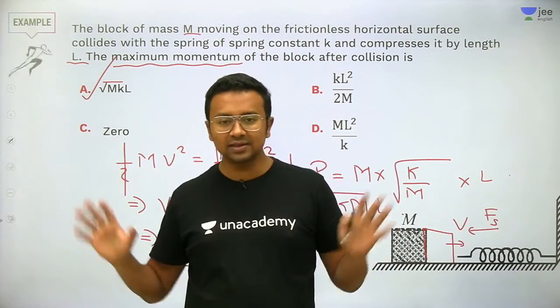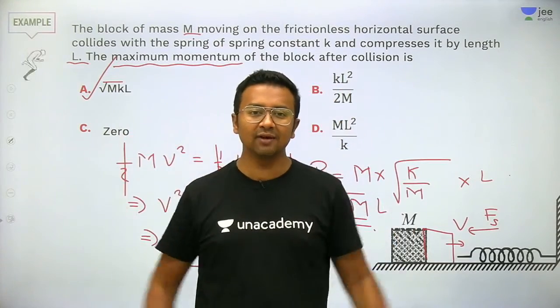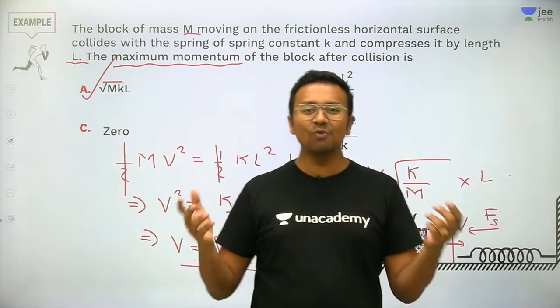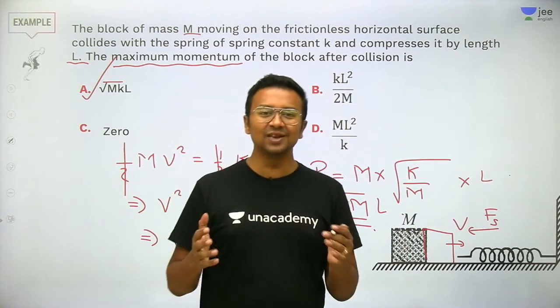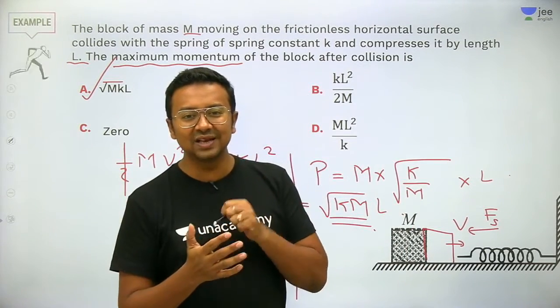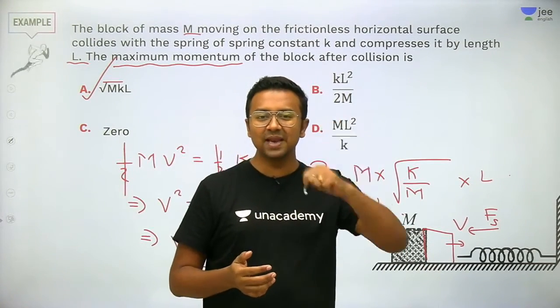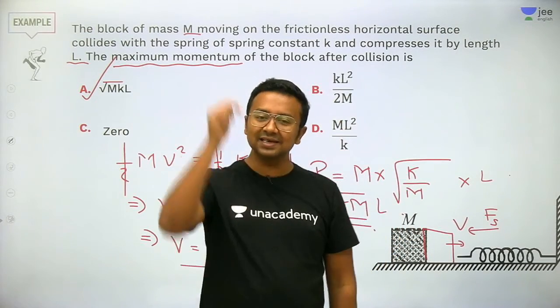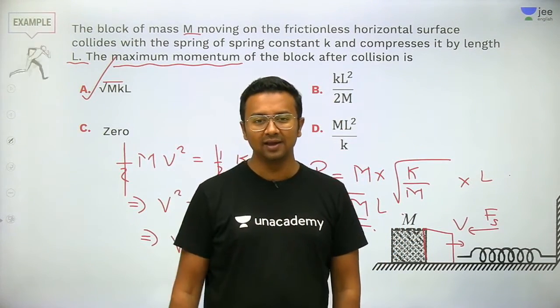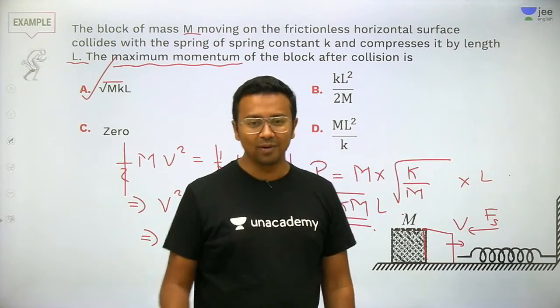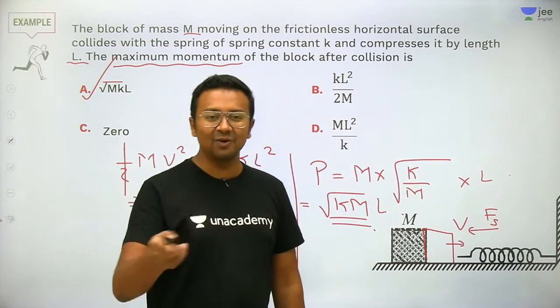Long methods, no problem, you know the solution, good enough, but they don't want you to know just the solution, they want you to know the solution in the minimum possible time. That is very important. Now we'll talk more about it later, but let's go on to the next question.